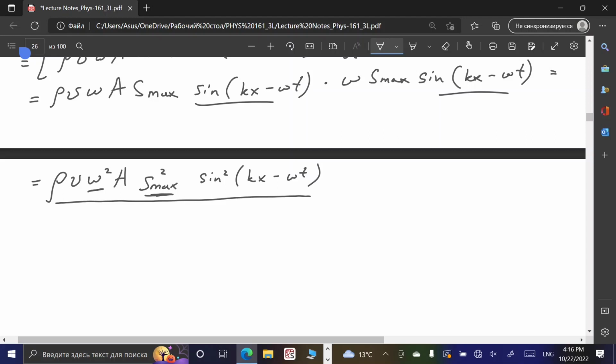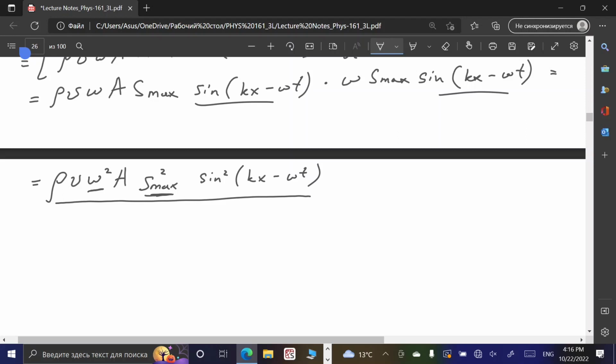But in order to get intensity, we need to get the average power per some interval of time. We can consider any interval of time, but it makes sense for such periodic processes to consider a period of this sound wave.